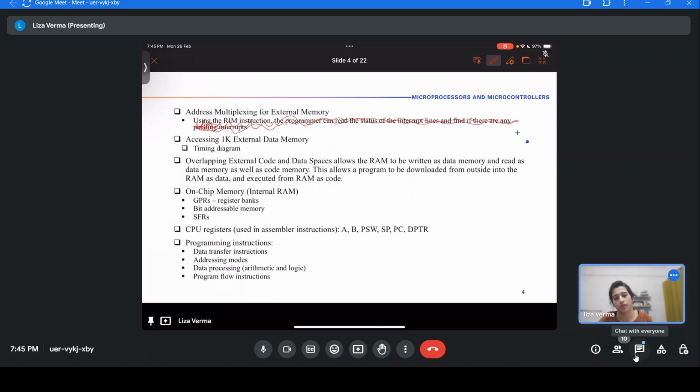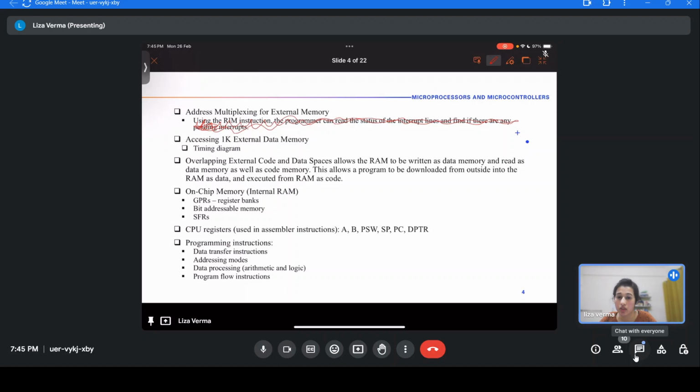You can copy the program to the RAM memory locations as data and execute the data as your program. This is the advantage of the 8051.